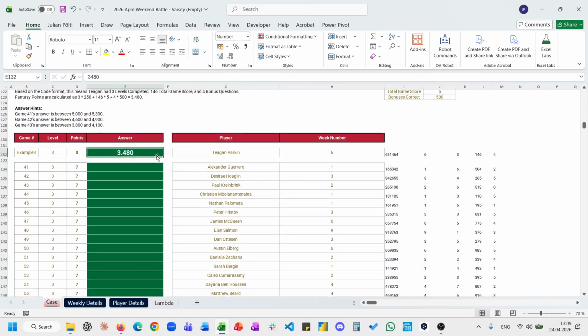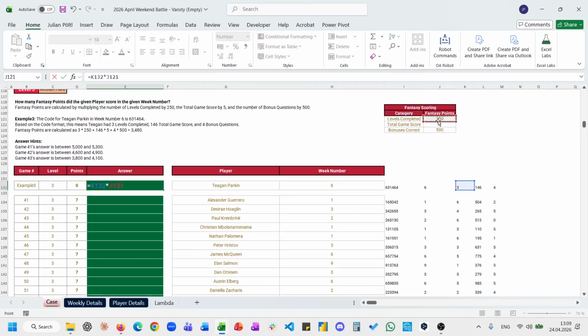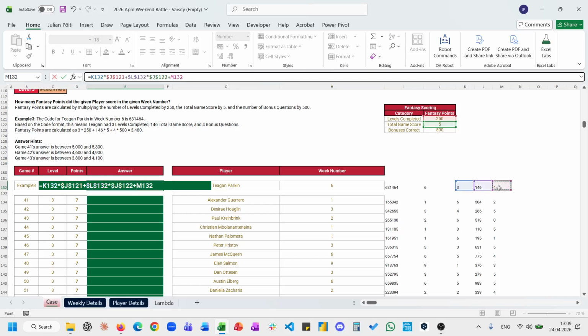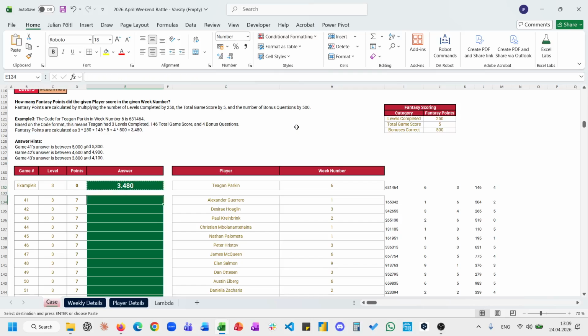And then it's basically this. If I then add a word, although I don't need it, 3 times 250 plus 160, 46 times 5 plus 4 times plus 4 times here, 3480.